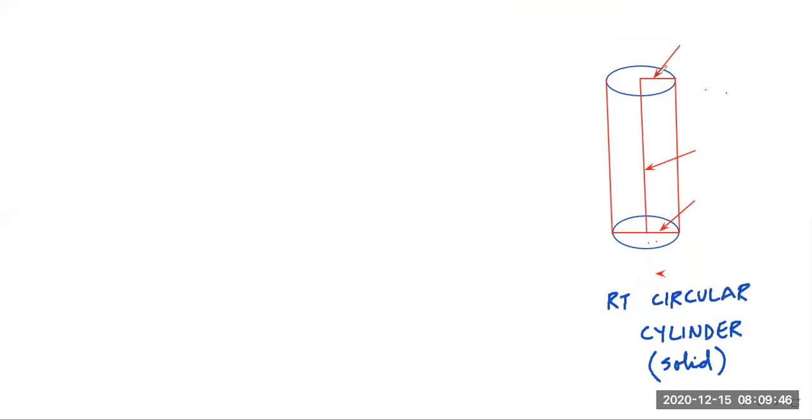Right circular cylinder has two circles, one on the top, one on the bottom. First we'll call it solid cylinder. Solid cylinder obviously has this surface generated also and this surface generated also. So first we'll find out the curved surface area, or we can also say lateral surface area, of the right circular cylinder.